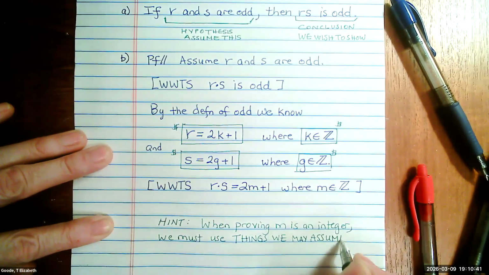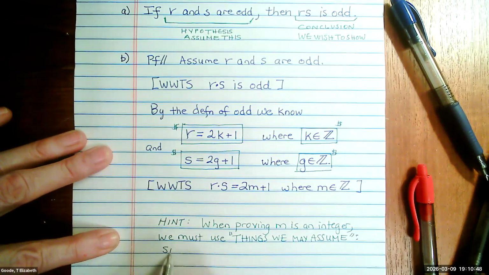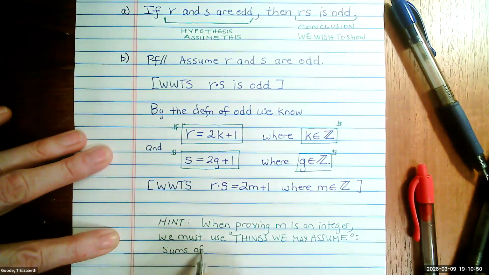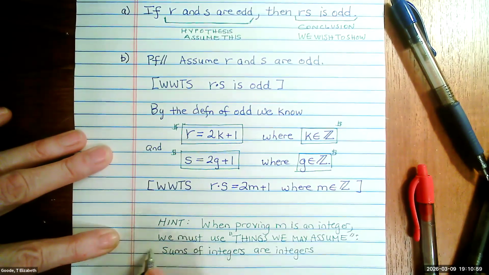Remember, we had some things we may assume without proof. Mm-hmm. And in particular, sums of integers are integers. We're going to have to use that particular fact.